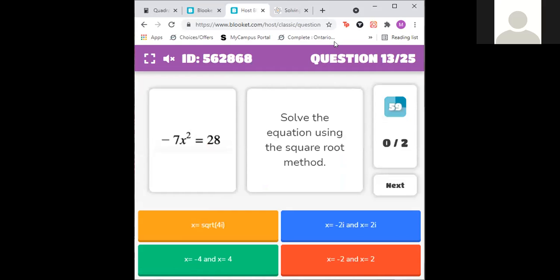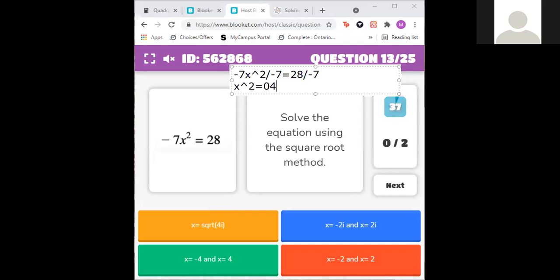So then how would you do this one? Divide this by -7. Yeah, and then x squared equals -4. So it would be the square root of x squared, the square root of -4.